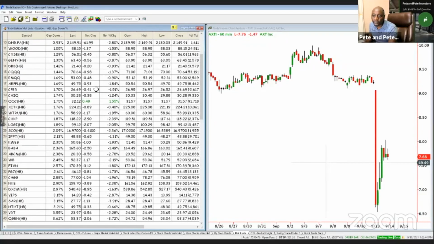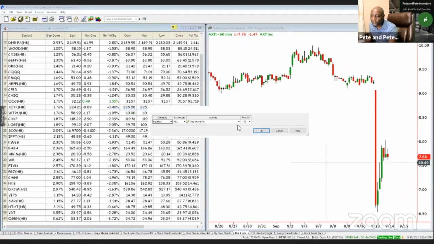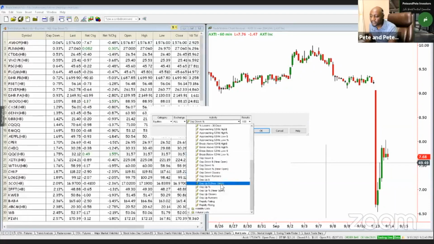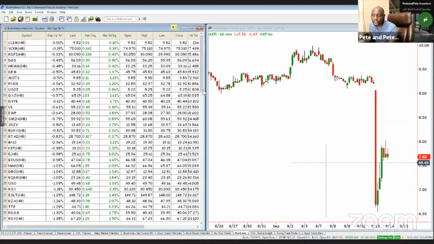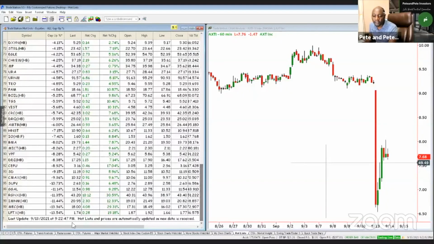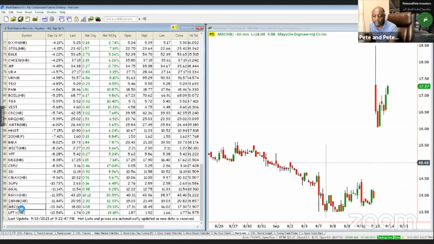Let's format one more time and see whether we can find even a gap up by percent. So which company or stock gapped up? 13%. MEC gapped up by 13.6%. There you go.